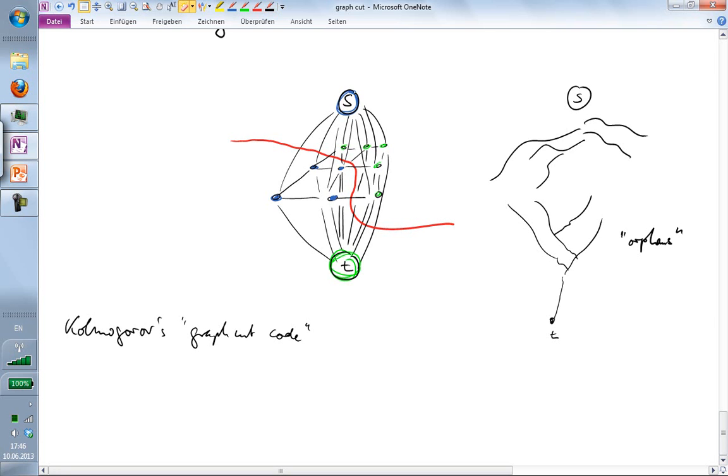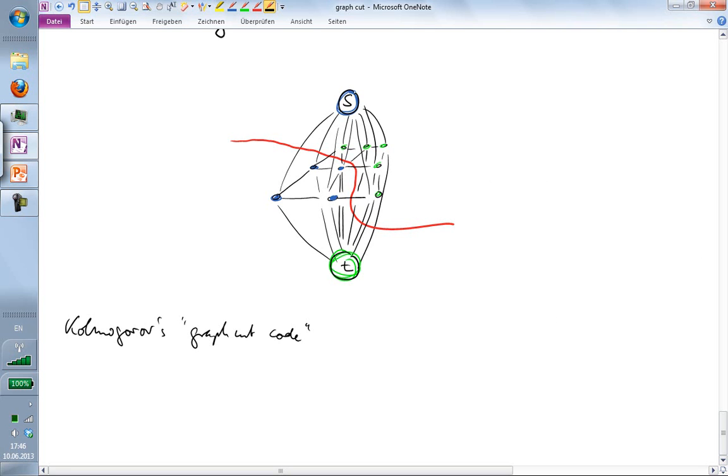And then follows another growth phase and so on. The worst case complexity of this algorithm is not so good, but on grid structured lattices, so let's say a Cartesian grid of pixels, this is extremely efficient.